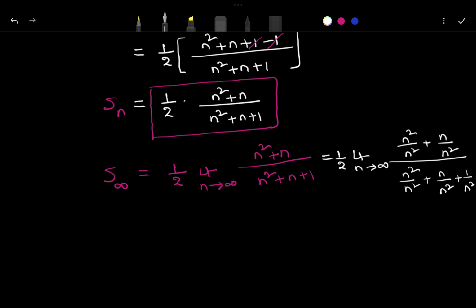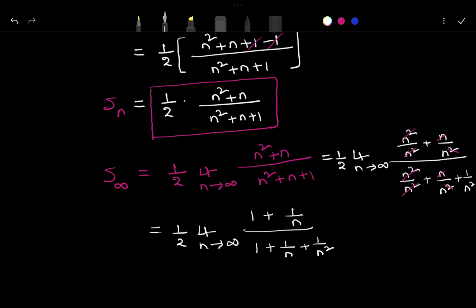Now here n by n square is 1 by n, and n square cancels. The resultant value will be 1/2 times the limit as n tends to infinity of (1 plus 1/n) whole divided by (1 plus 1/n plus 1/n square).